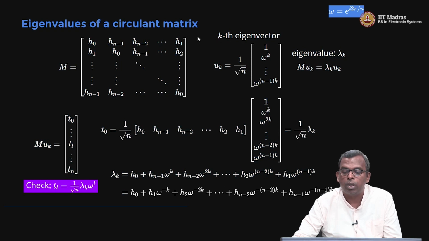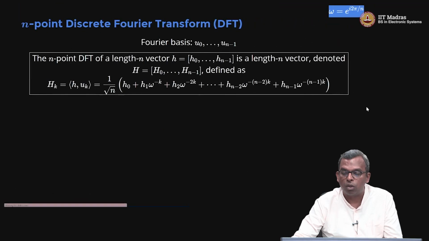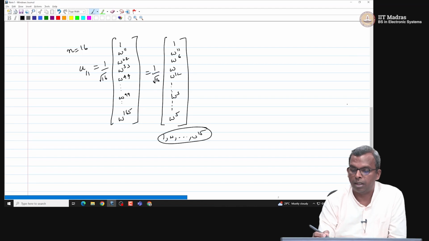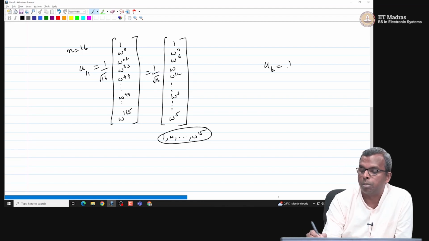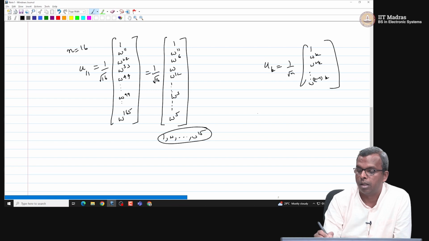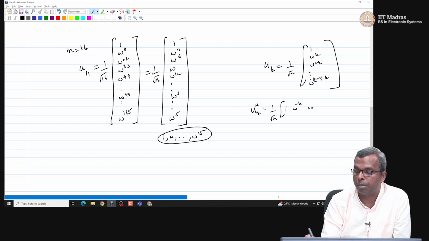Let me write that down explicitly. uk is 1 by root n, 1, omega power k, omega power 2k, and so on till omega power n minus 1 into k. If you do uk Hermitian, you get 1 by root n, 1, omega power minus k, omega power minus 2k, and so on till omega power minus n minus 1 into k.